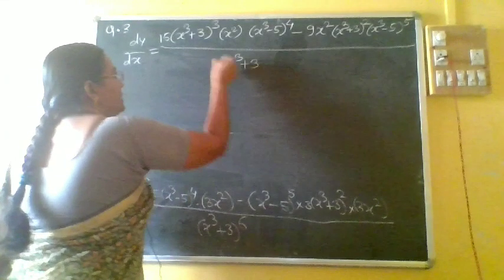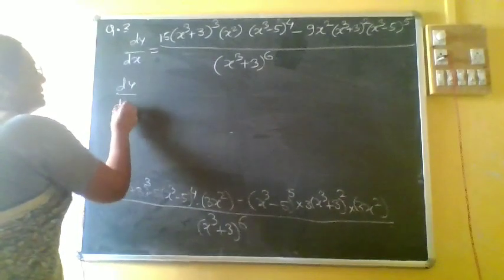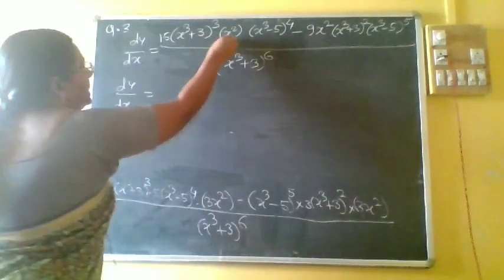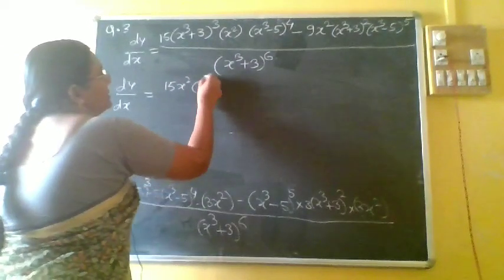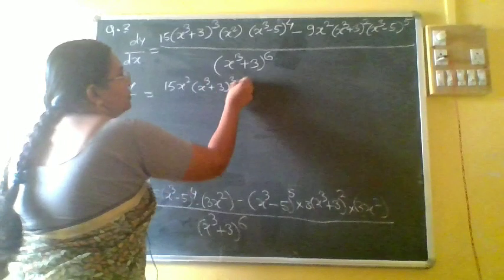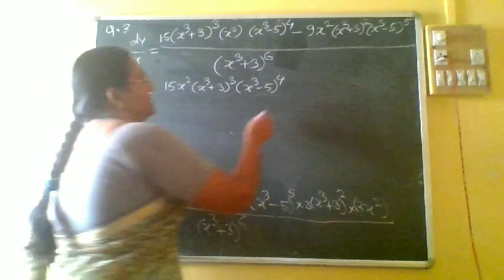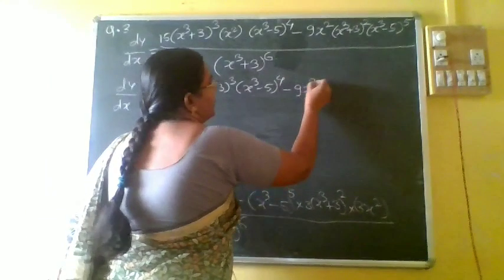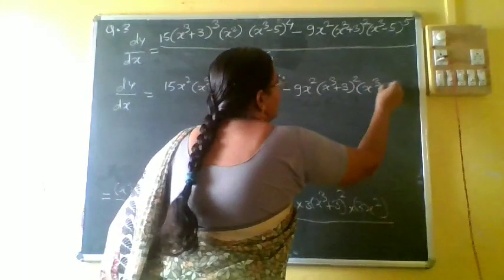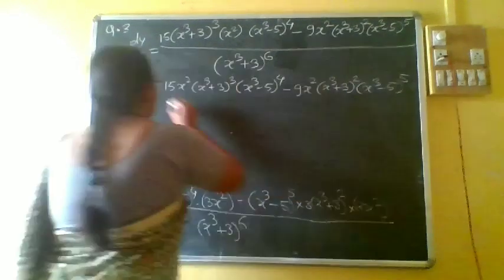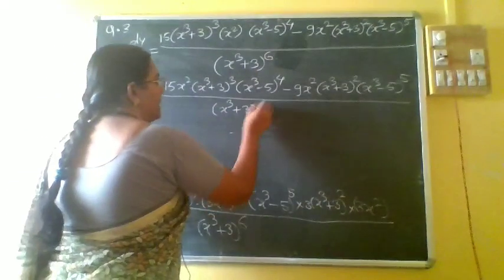So dy by dx is equal to 15x square (x cube plus 3) cubed (x cube minus 5) raised to 4, minus 9x square (x cube plus 3) squared (x cube minus 5) raised to 5, divided by (x cube plus 3) raised to 6.